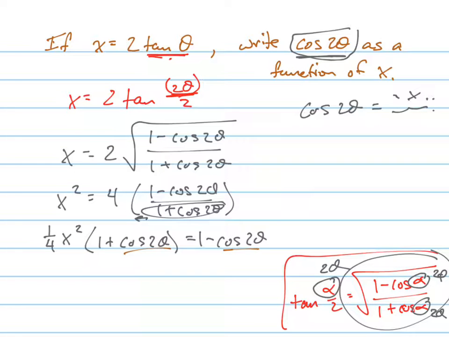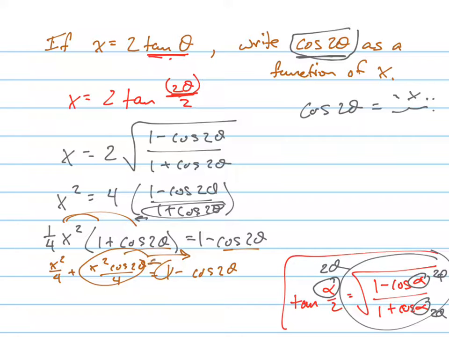So I'm going to have to distribute this into here. So I get x squared over 4 plus x squared cosine 2 theta over 4 equals 1 minus cosine 2 theta.